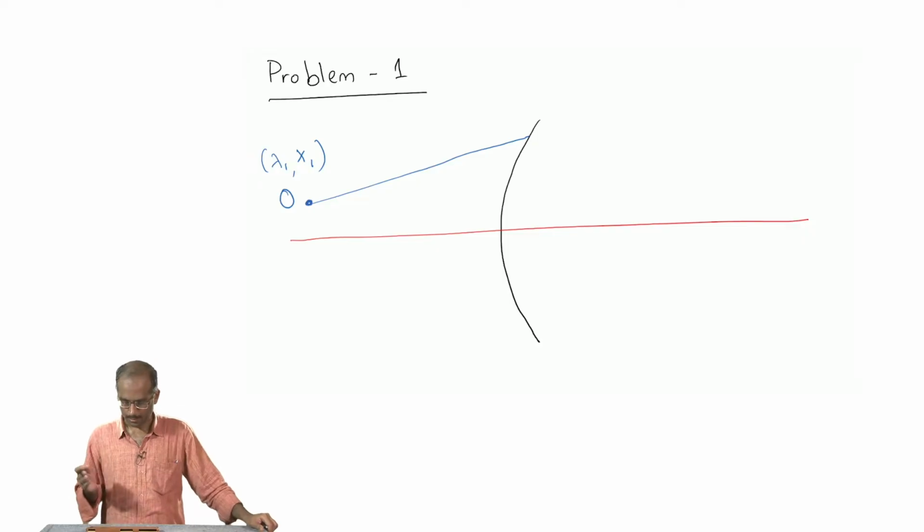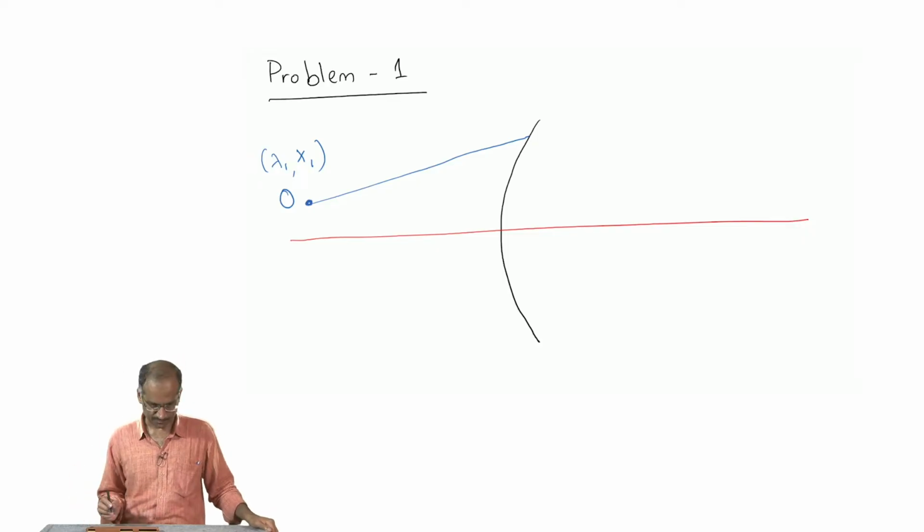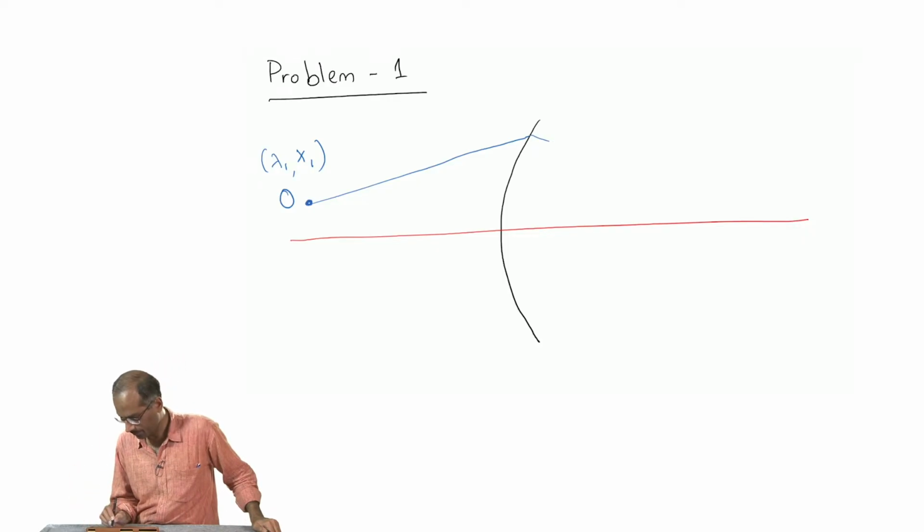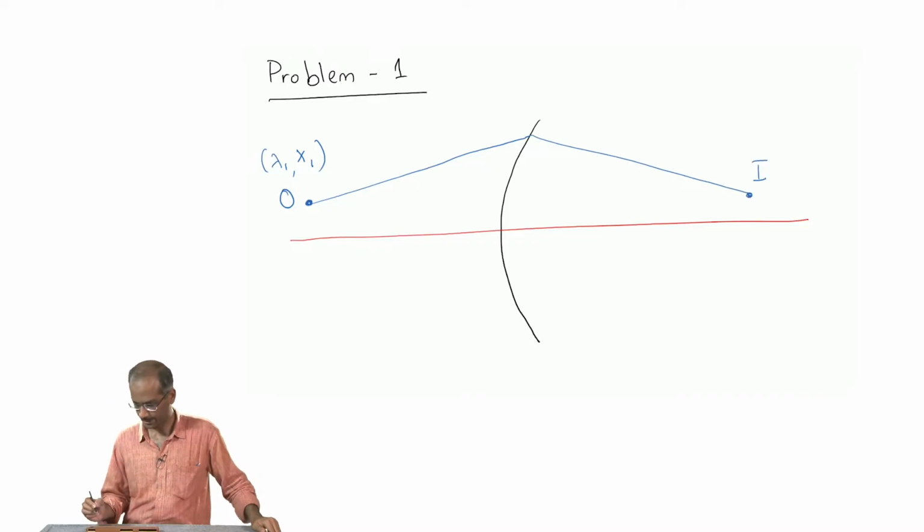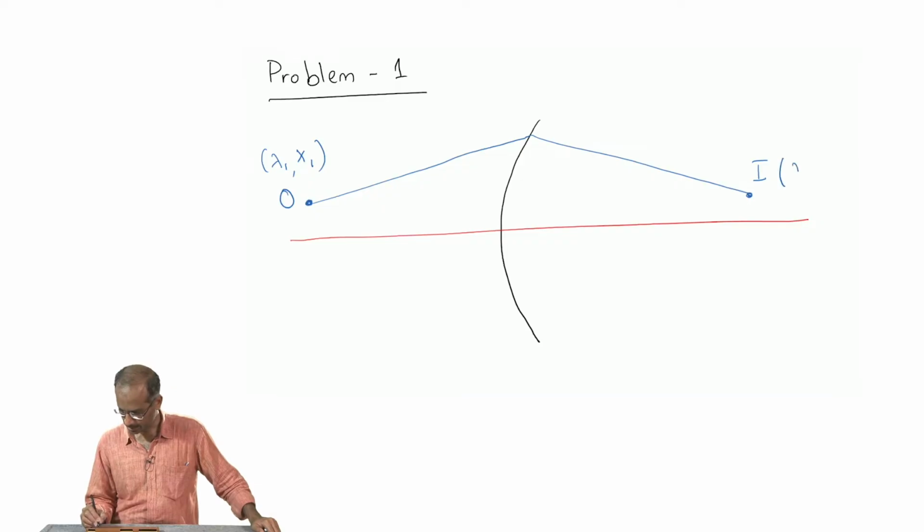The ray goes and hits the refracting surface and gets refracted and reaches some other point which I shall call I, and this is denoted by lambda 2, x 2.